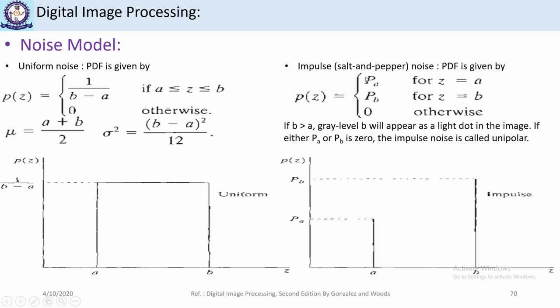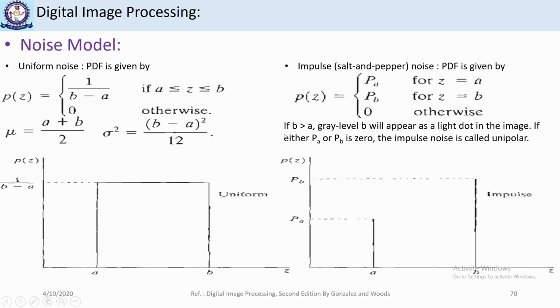That means it will be defined only for two instances of the random variable z, a and b. Otherwise, it will be 0. So its probability distribution is like this. When z is equal to a, its probability is Pa. When z is equal to b, its probability of occurrence is Pb.